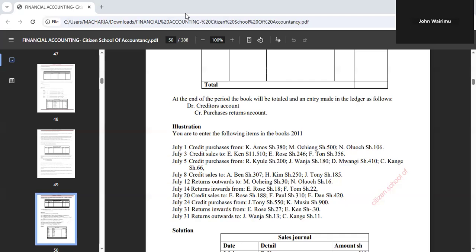Return inwards, 97. Return outwards, 70. Oh, Fatima is saying she doesn't have a calculator for today. Okay. Please, next session on accounting and quantitative analysis, please come with the calculator.